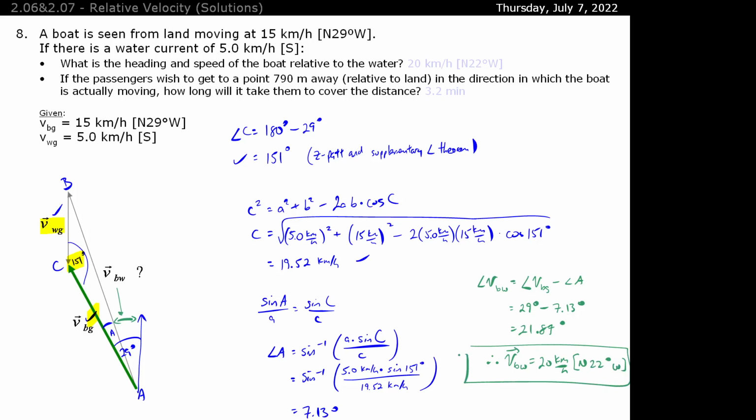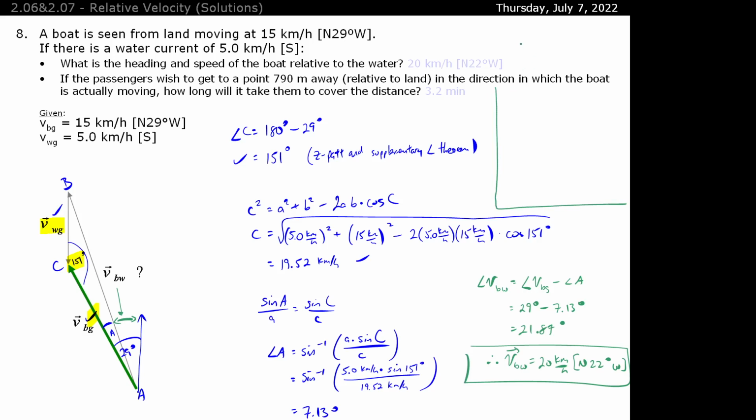Okay, if the passengers wish to get to a point 790 meters away in this direction over here, so that's 790 meters away, and we already know how fast the boat is traveling, how long will it take? So with that last part, I wish I was a bit more organized. Yeah, just to keep everything on the same screen, I'm going to fill in the rest over here.